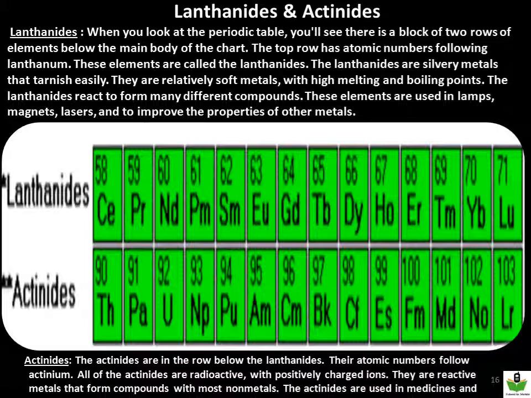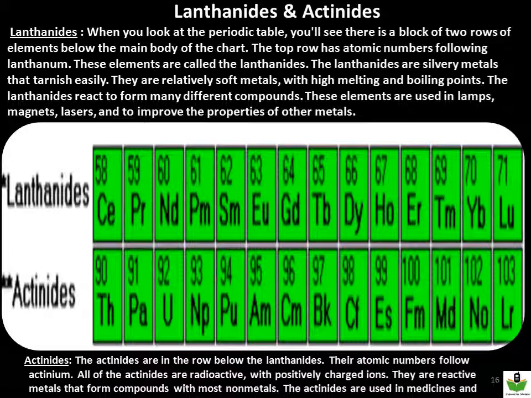The lanthanides are silvery metals that tarnish easily. They are relatively soft metals, with high melting and boiling points. The lanthanides react to form many different compounds. These elements are used in lamps, magnets, lasers, and to improve the properties of other metals.